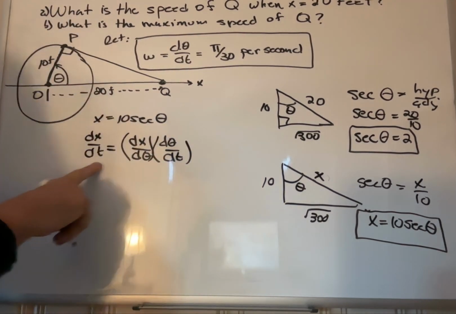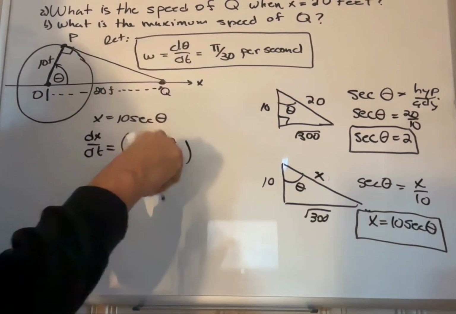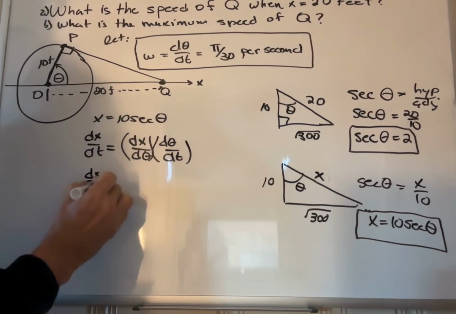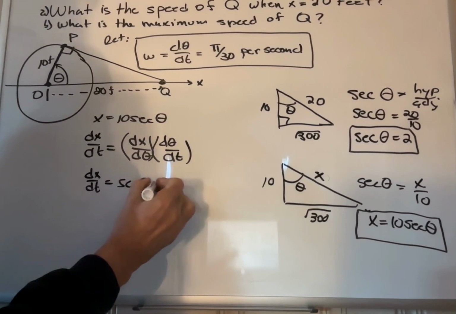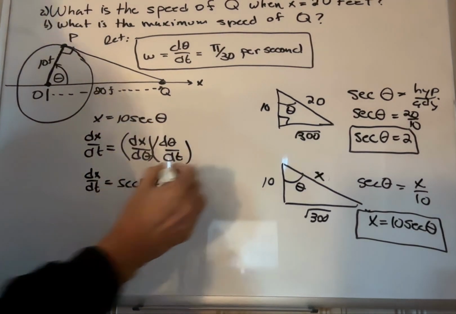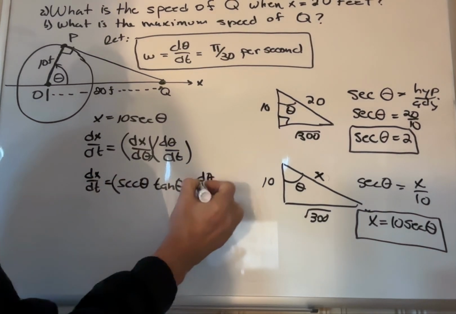Very important step, not to forget the chain rule. All right, so we already know dθ/dt. Let's look at what dx/dθ is. So dx/dt is going to end up being 10 secant theta tangent theta, once we take the derivatives of those, times the most important part, dθ/dt.